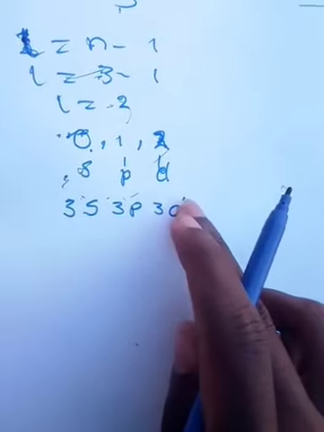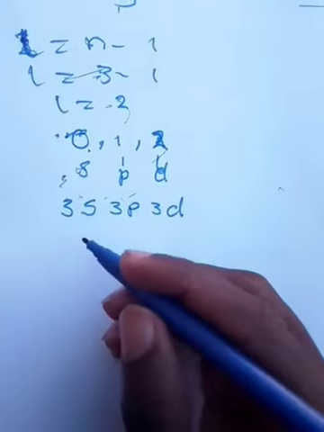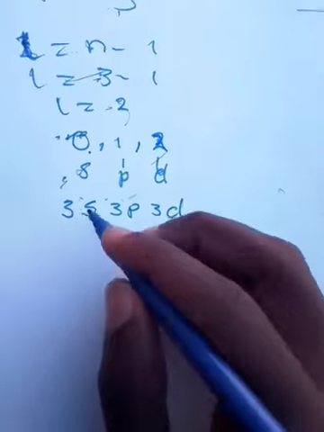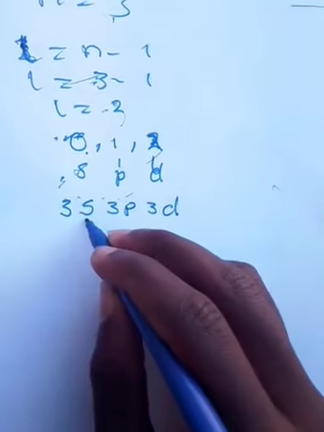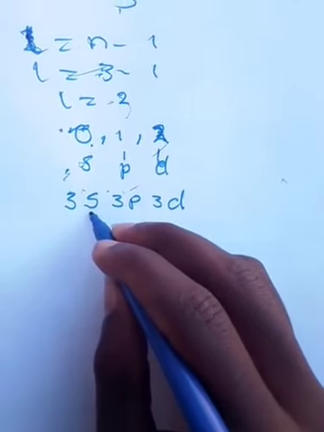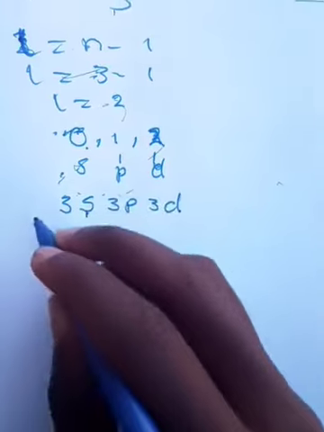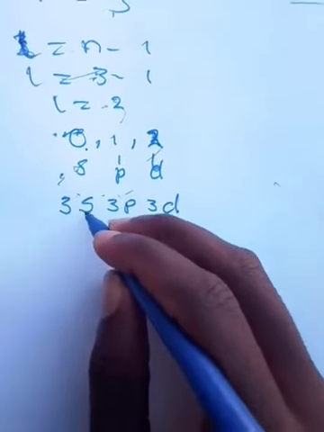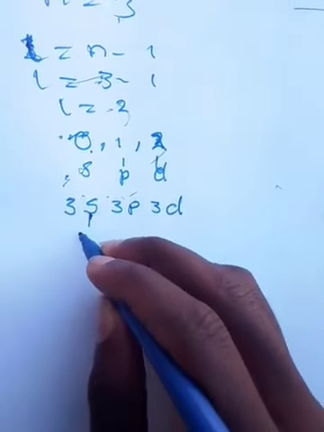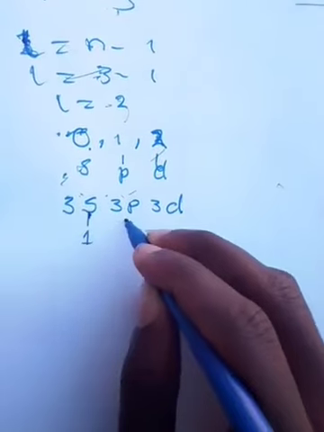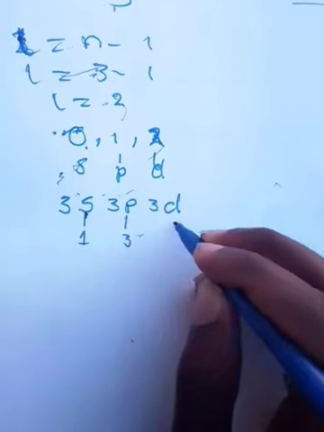Joseph told me that if you want, you can even use the magnetic quantum number, using that formula, or whichever way you use to remember. But remember that Joseph said S has 1, and P has 3.